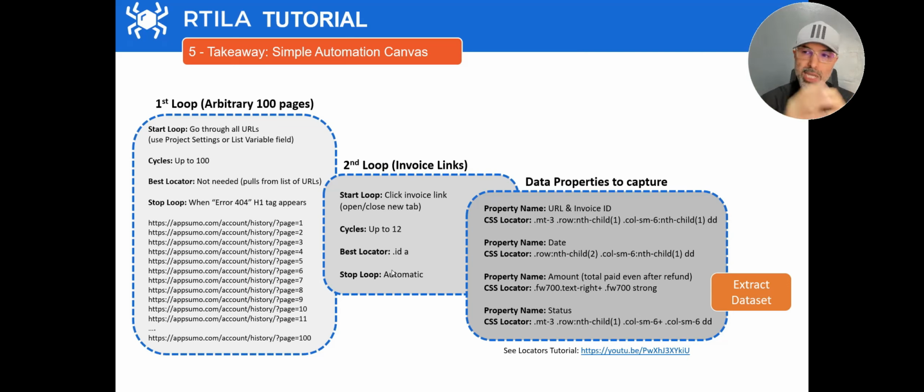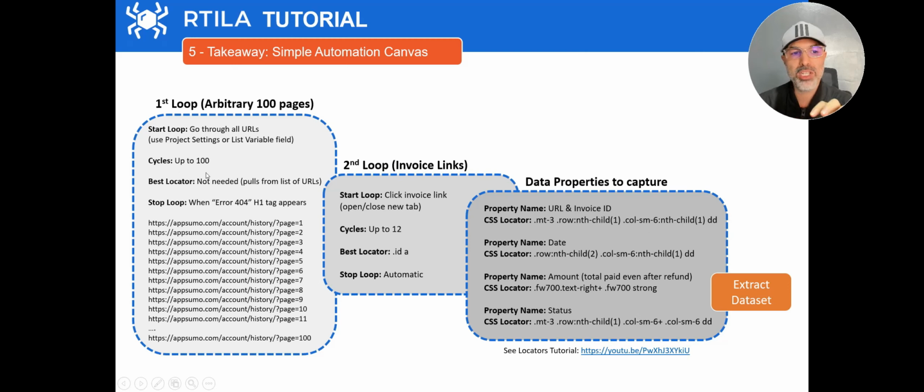Now inside the second loop, there are a number of actions I have to do. Again, just to map it: inside the 100 cycles of the first loop, for every URL, we're going to run a second loop which itself has 12 cycles, and for each cycle of the second loop within the first loop, we're going to catch the data.